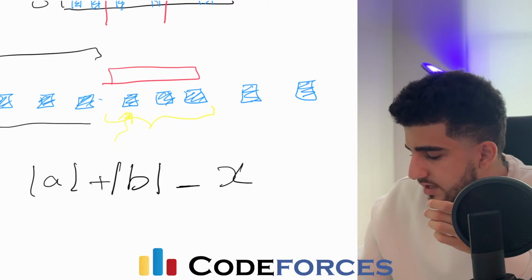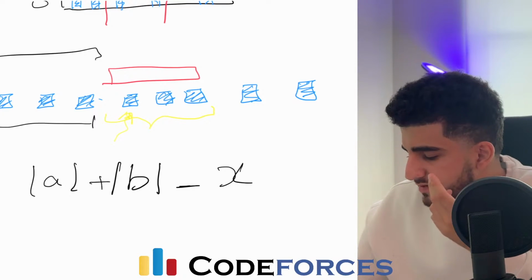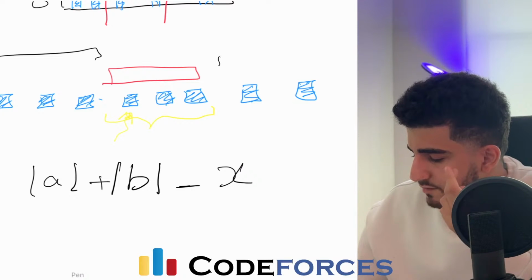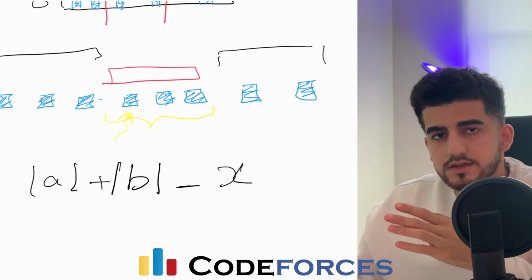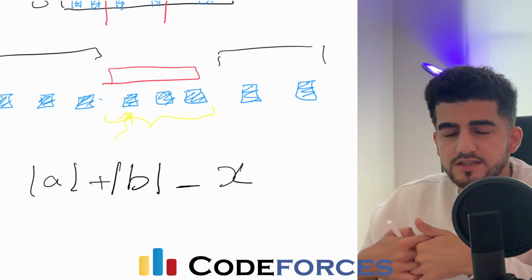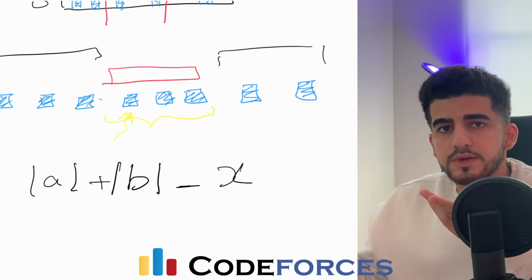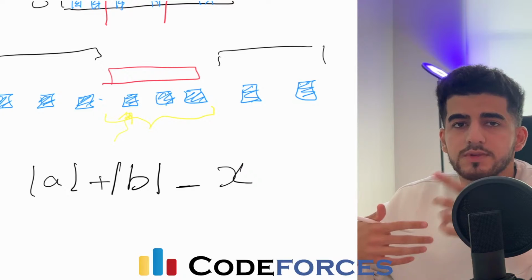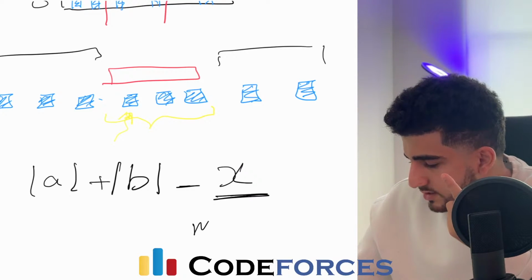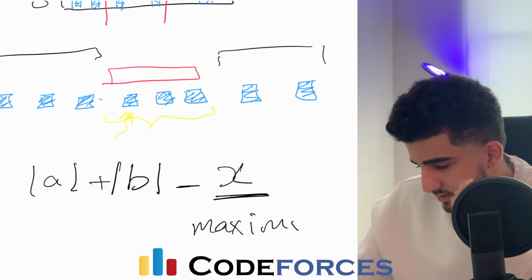We can just have the characters that are in B, and after that we don't need any additional characters as well. Only those shared ones will be counted once instead of twice. So each letter should be either from A or from B, and those shared ones can be counted only once, so we can subtract them. So we want to maximize the number of shared ones.